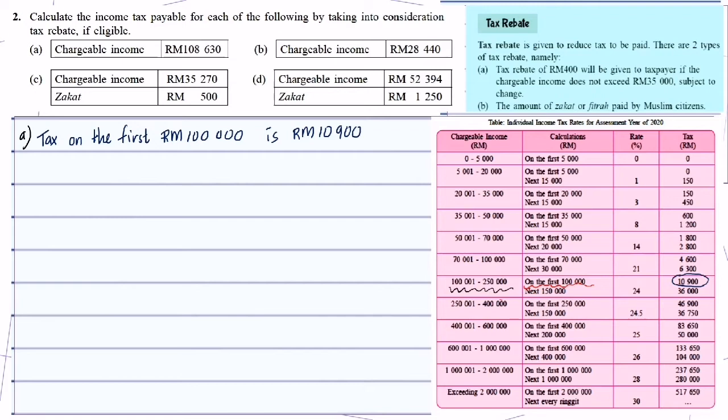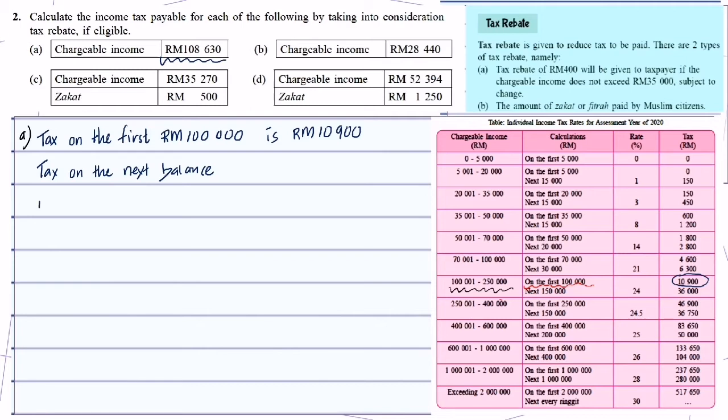After that, we count the tax on the next balance. Okay, so the chargeable income is RM 108,630.